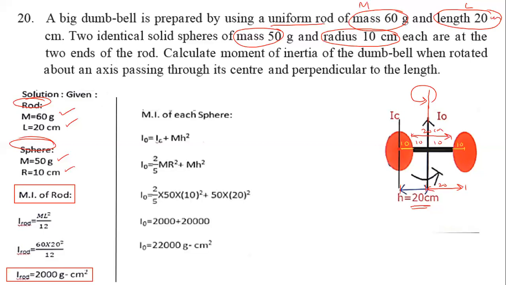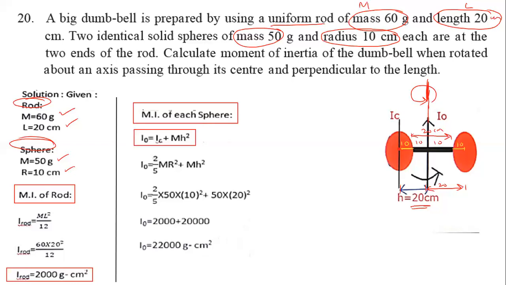Now we find out the moment of inertia of the sphere about an axis passing through the center of the rod, means about this axis we have to find out the moment of inertia of the sphere. So we use the parallel axis theorem. By the parallel axis theorem we can write I0 is equal to IC plus Mh square.